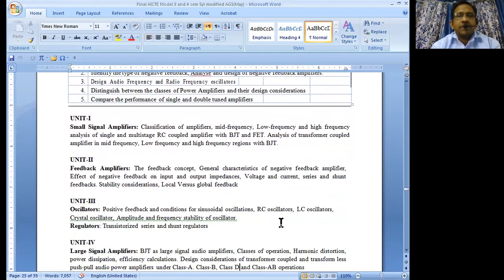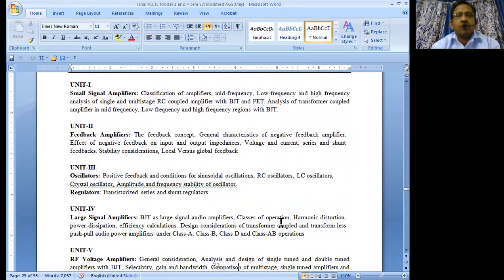If you know the basics of electronic devices, then you will be more comfortable in understanding amplifiers. Basically, you know what an amplifier is. An amplifier is an electronic circuit which is normally used to increase the strength of the input signal. In the first unit we discuss small signal amplifiers.